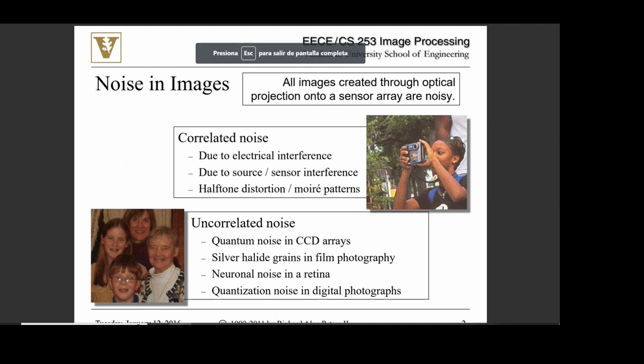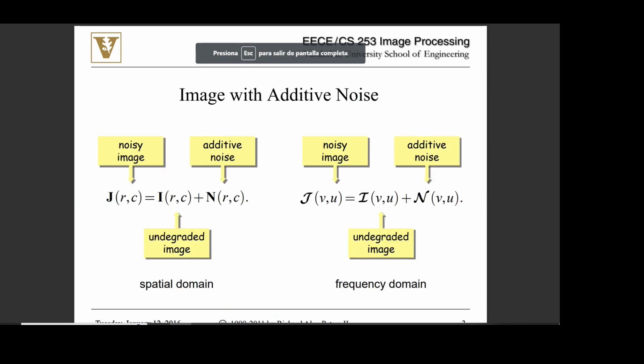When you have electromagnetic interference, or half-tone moire patterns because of the printing, the noise is correlated. In this lecture today, we will focus on this kind of noise. In the next one, we will focus on this kind of noise. The difference between the two is just the autocorrelation function.